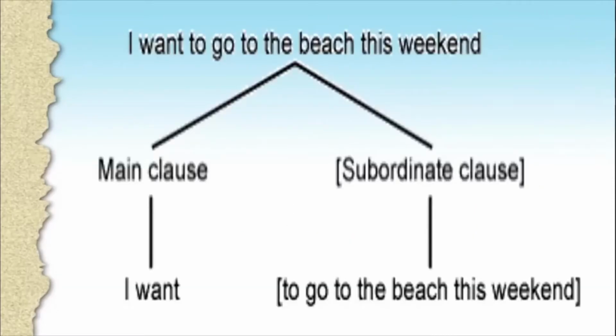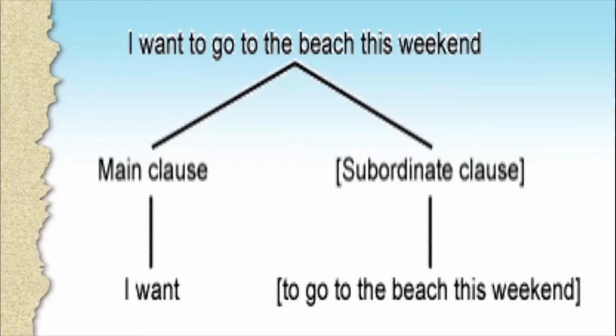See, I want to go to the beach this weekend. So I want is the main clause. You could also say I want to go to the beach can also be the main clause. Okay, here both of them will be right. I want can be the main clause, or I want to go to the beach can also be the main clause. This weekend then will become the subordinate clause, or to go to the beach this weekend can become the subordinate clause.